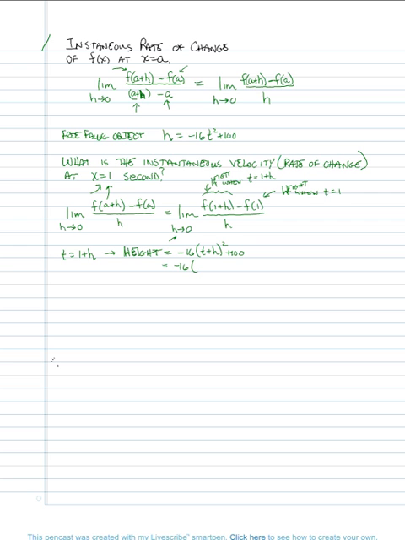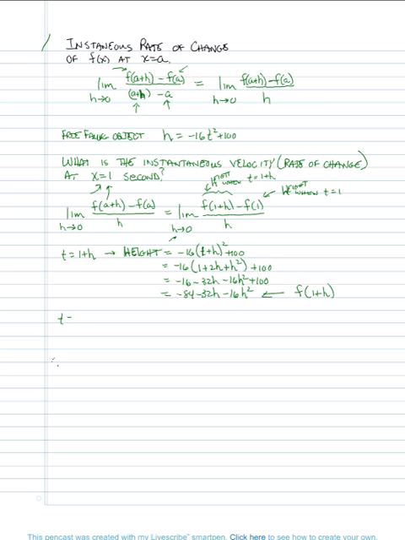A little calculation to do: when we square 1 plus h, we get 1 plus 2h plus h squared. And don't forget the plus 100 out here. So that's negative 16 minus 32h minus 16h squared plus 100. We can combine the 100 and negative 16 and get 84 minus 32h minus 16h squared. So this is really the f of 1 plus h value.